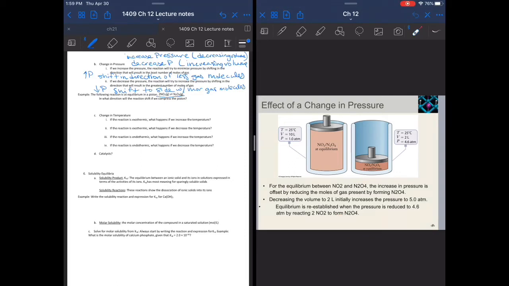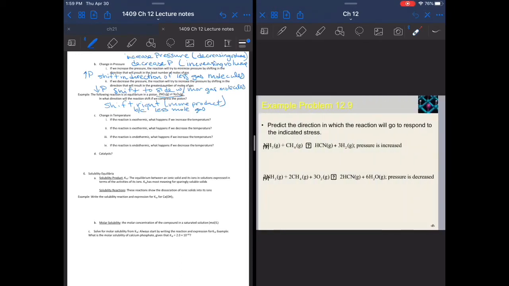We will shift right, which will make more product because there's fewer moles of gas. Fewer moles of gas would mean fewer collisions with the inside of the container, and that would relieve some of that pressure you just built by compressing. So again, if we wanted more N2O4, we could increase pressure to make that happen.